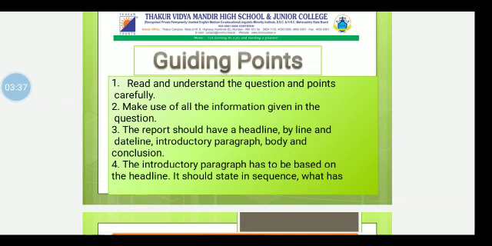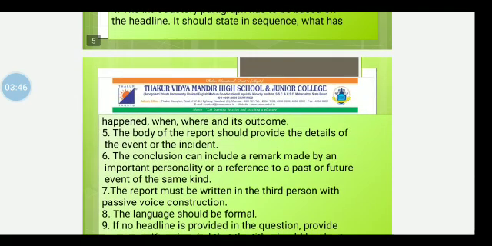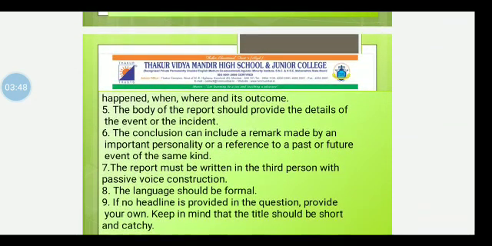Fourth, the introductory paragraph has to be based on the headline. It should state in sequence what has happened, when it has happened, where it has happened, and its outcome. Outcome means the result. Was it satisfactory, unsatisfactory, successful, unsuccessful?